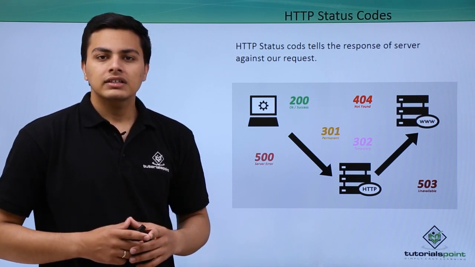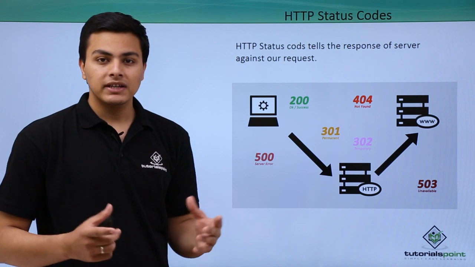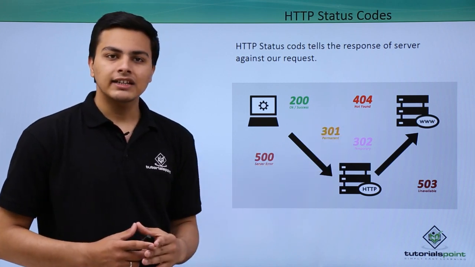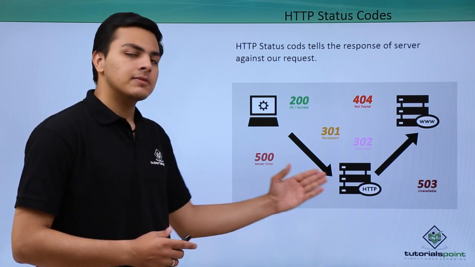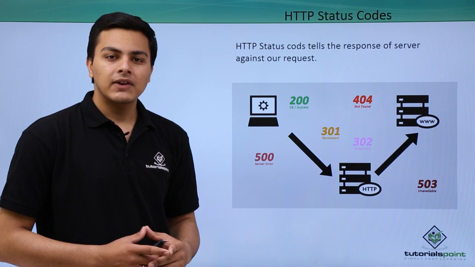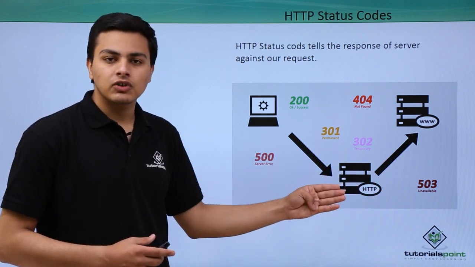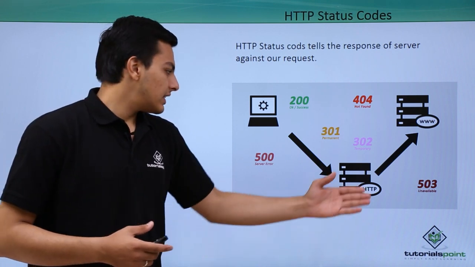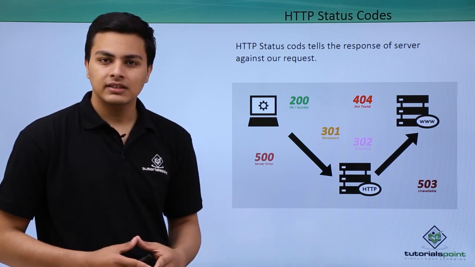If we are trying to access a resource that is not present on that server, then we get the HTTP status code 404 not found. And lastly there are two HTTP status codes, 500 and 503. These are server side status codes, in which there might be a server error, and we get 500 and 503 in those cases.